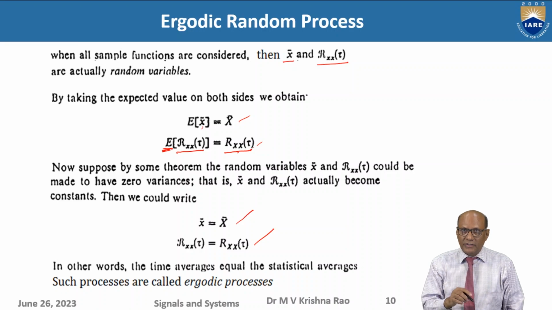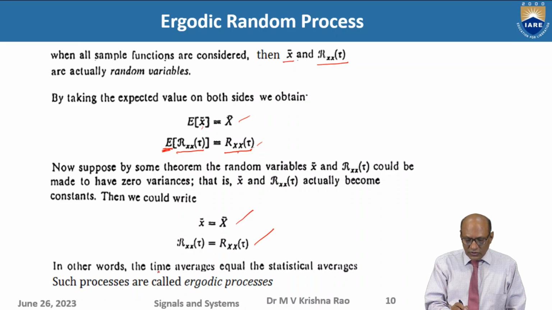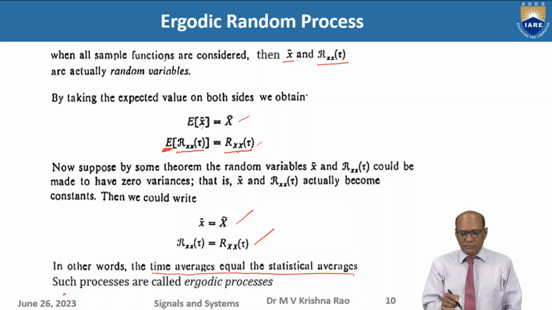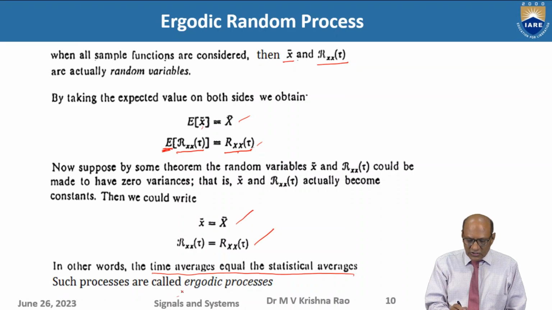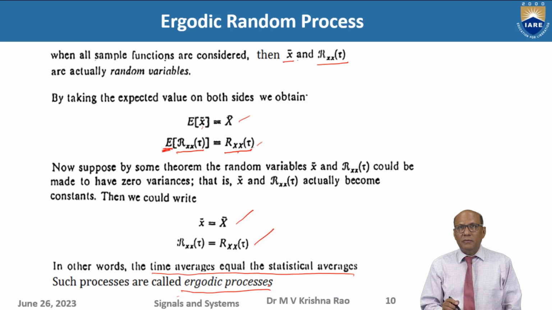But when the process has the same autocorrelation function, you can predict the autocorrelation function and the mean value, but you cannot predict the individual sample functions. In other words, time averages equal the statistical averages, and statistical averages means ensemble averages. Such processes are called ergodic processes.